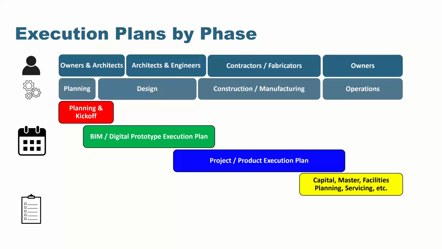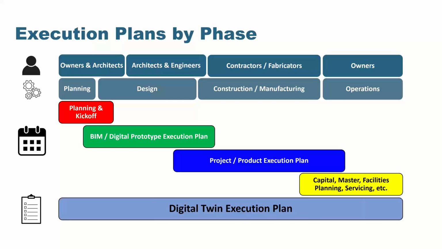Do we have a comprehensive document, a charter, something that is helping us to connect the dots between all these different, perhaps disparate languages and documents? That's where the digital twin execution plan comes in.